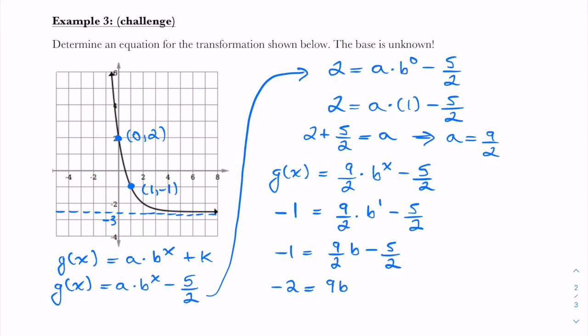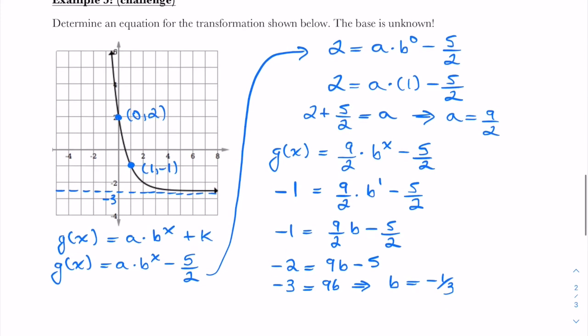And similarly, multiplying negative 5 over 2 by 2 gives you negative 5. And now we solve for b. Add 5 to both sides, you get negative 3 equals 9b. And dividing both sides by 9, we get that b is negative a third.